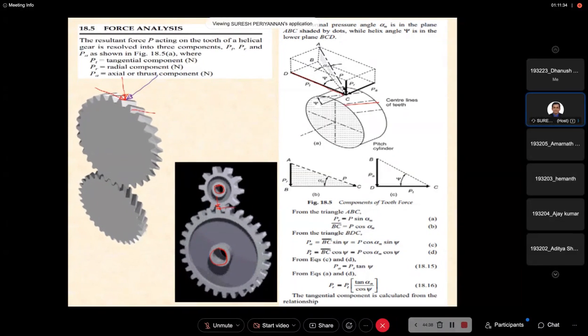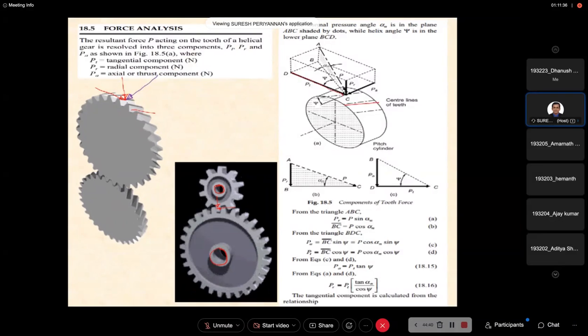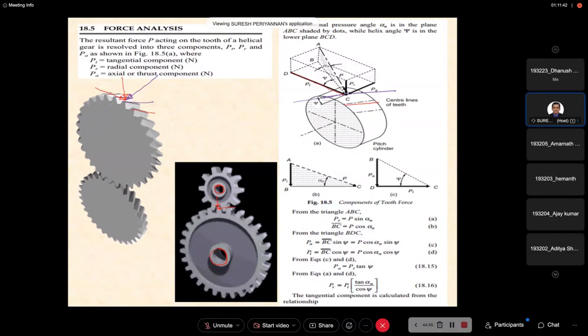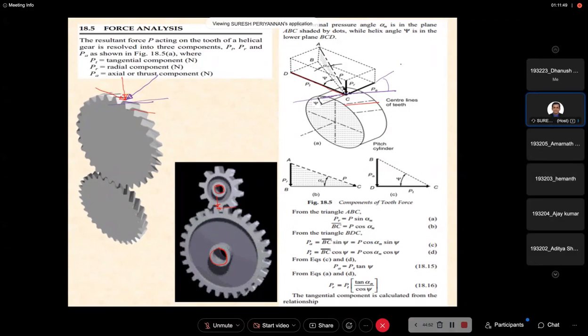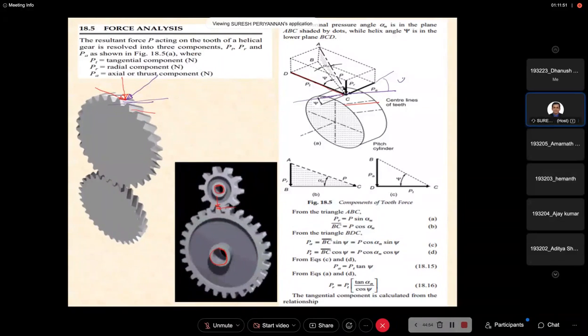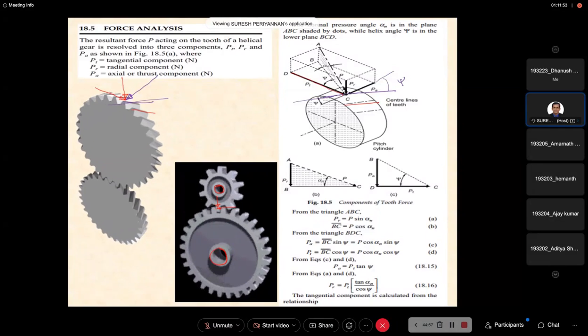Now the same teeth, these parallel teeth, same design I considered here. Now see here, this angle is nothing but the helix angle psi.